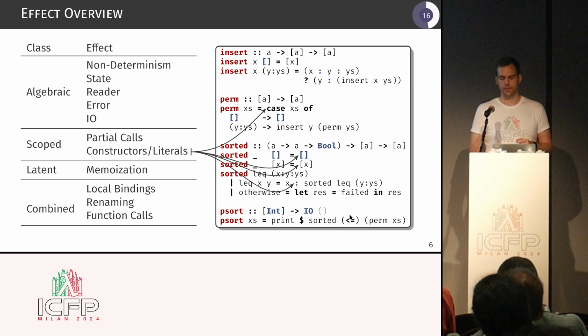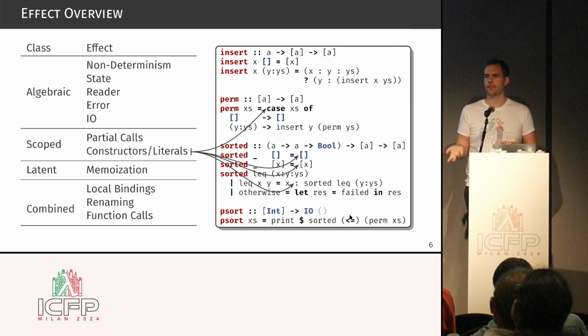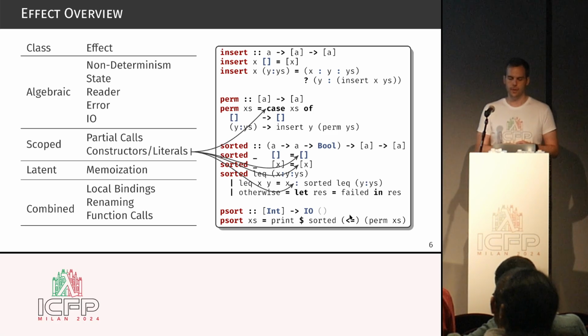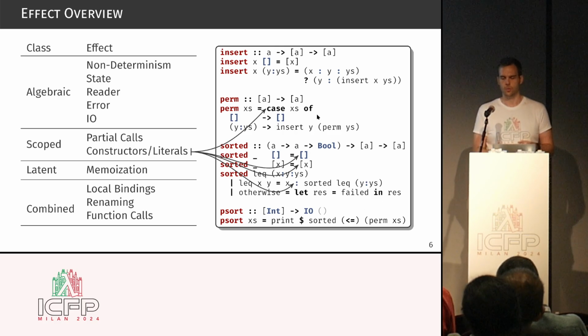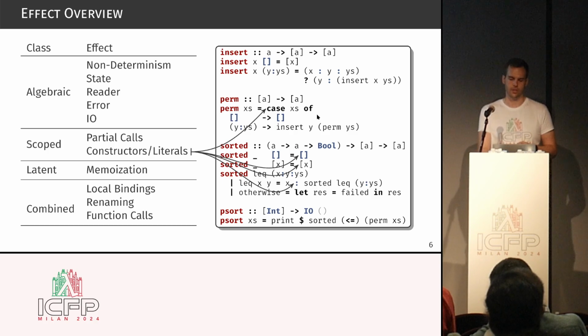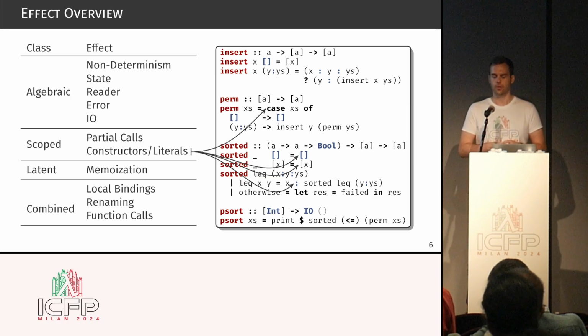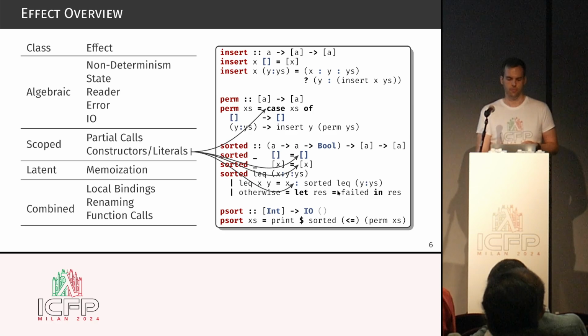And we also have the effect for constructing values. So we can construct literals and constructor-based values, but this also belongs into one effect with pattern matching. Because for pattern matching on a value, you need to know the head normal form of that value, so this sort of belongs together.